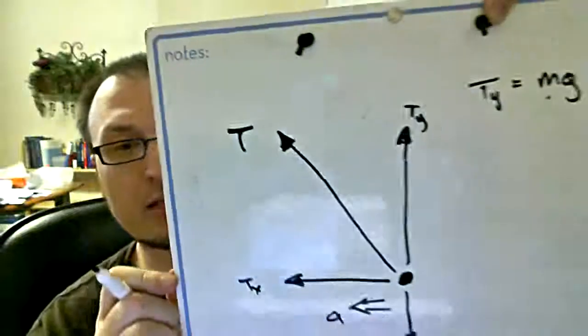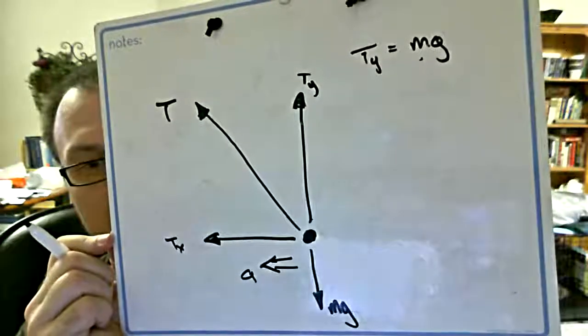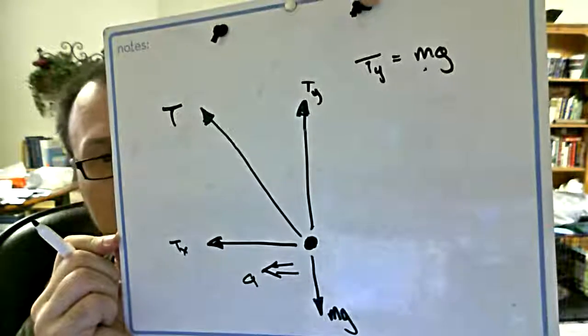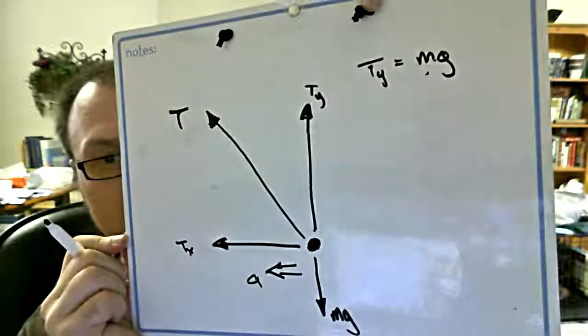So right away I get T_y because there's no acceleration in the y. That thing is not moving up or down, it's just the centripetal acceleration. So the y component of the tension is just equal to mg. Just by looking at that, you know those are opposite and equal.